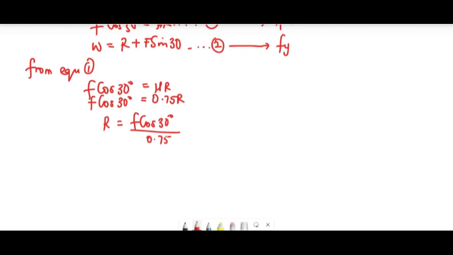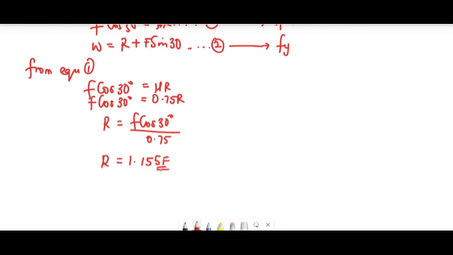I'm going to get R equals 1.155 approximately. So I'm supposed to have 1.1547 F, right?